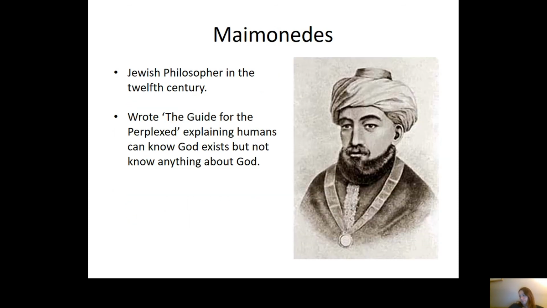Maimonides was a Jewish philosopher in the 12th century, and he wrote something called the Guide for the Perplexed, explaining humans can know that God exists but not know anything about God. So he had an argument for the existence of God, but said that's as far as we could get, really. We can't know much else about him.